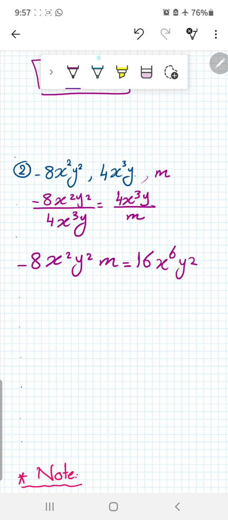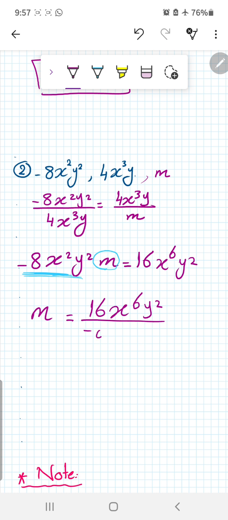Okay, we want to get the unknown, which is M. Move all of this to the other side by dividing. So M equals 16 X power 6 Y power 2 divided by negative 8 X power 2 Y power 2. Number with number, X with X together, and also Y together.